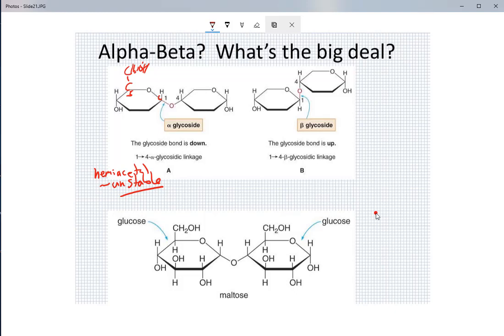So the hemiacetal is unstable. The acetal is stable. So an acetal bond is stable. It does not open up. It is not in equilibrium with the acyclic or open chain form.